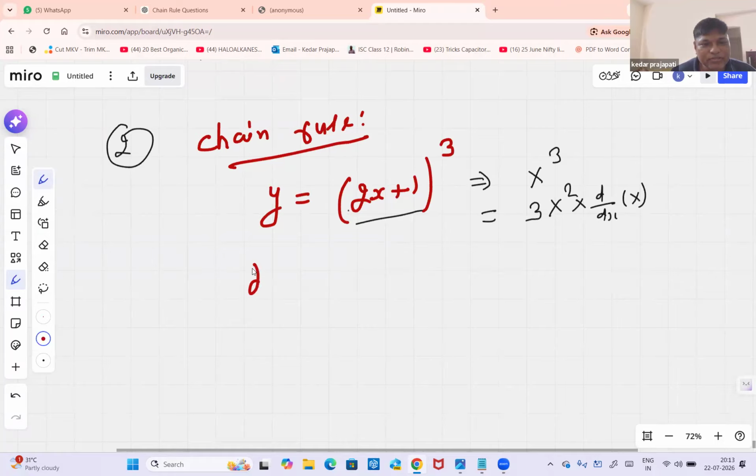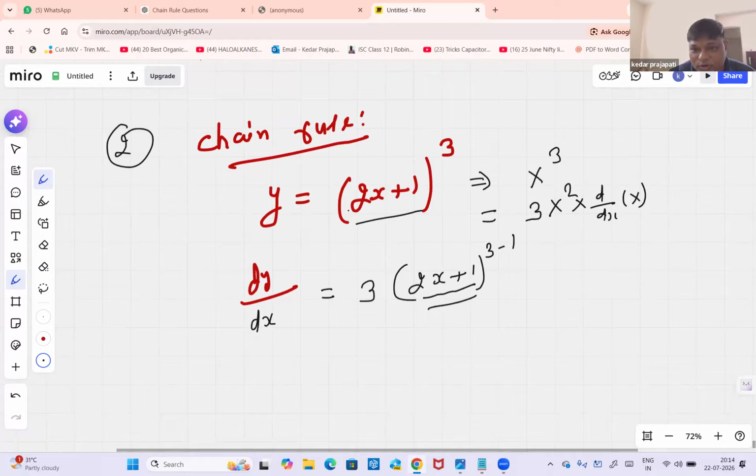If we want to find dy by dx for this, how do we do it? It is like 3 times (2x plus 1) to the power 3 minus 1. But this inside term is also a function. So what will come?